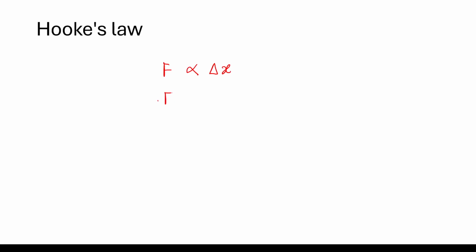If I remove the proportionality sign, I get a constant K, which depends on the nature of the spring and is also called the force constant. If you have a very tight spring, the K would be larger.